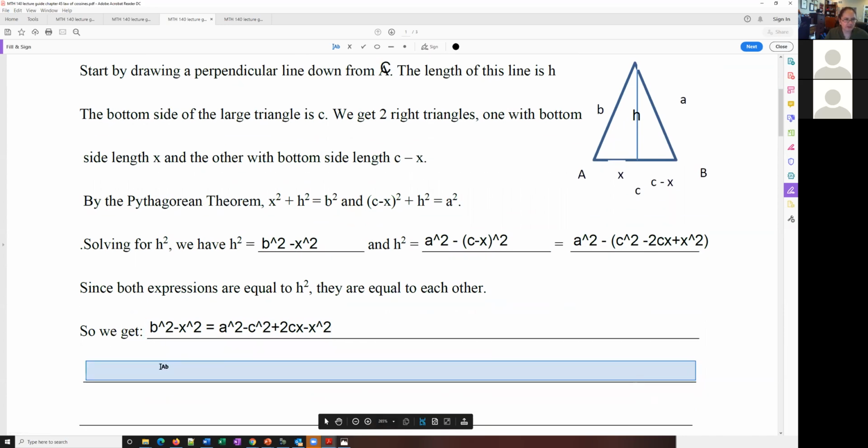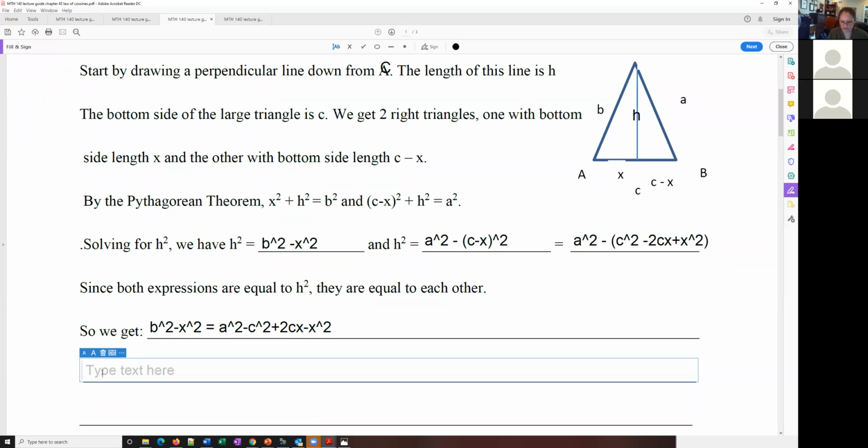Next, I'm going to add x squared to both sides. And so we get b squared is equal to a squared minus c squared plus 2cx.